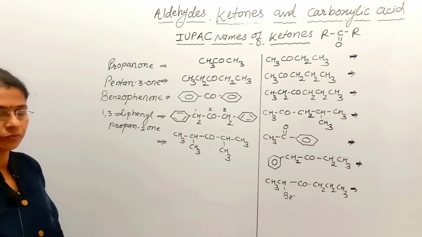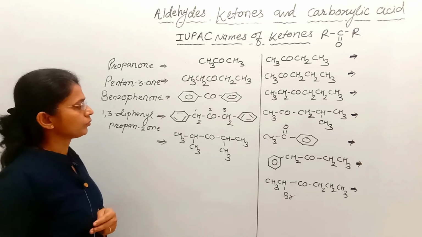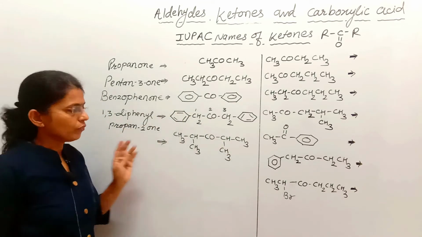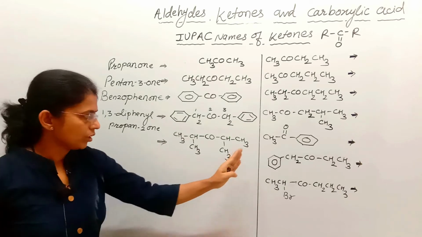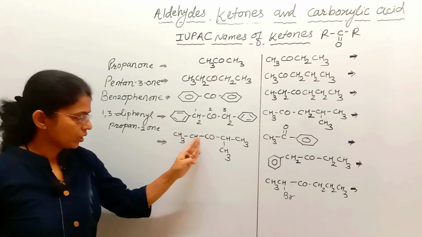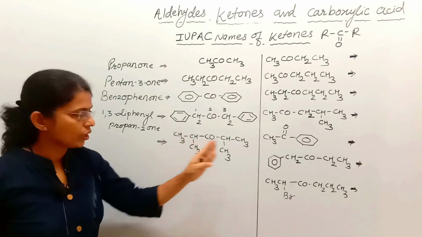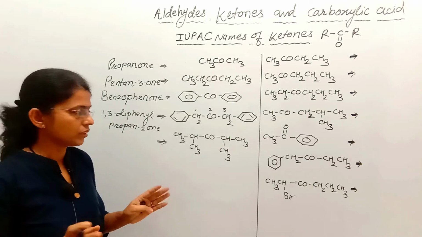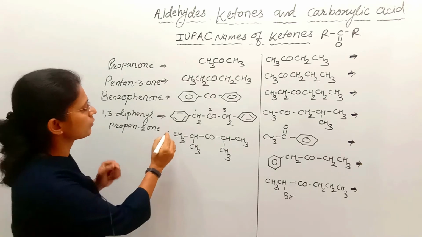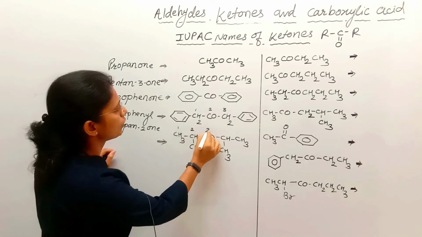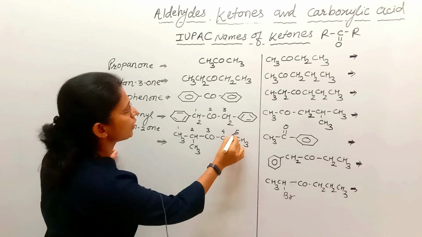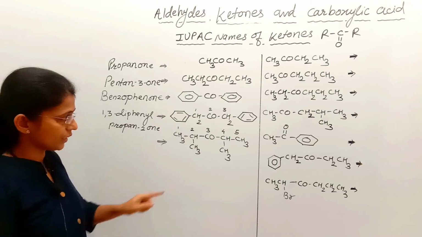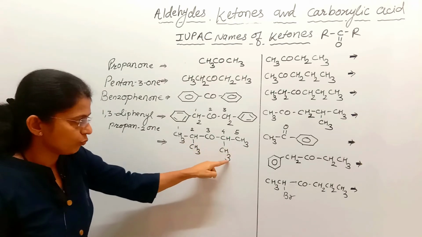See this example. 1, 2, 3, 4, 5 carbon. From this side also CO at third position, from this side also CO at third position. From this side branch at second position, from this side branch at second position. So I may number from any side. Number the carbon atoms. See what we get: 1, 2, 3, 4 and 5. Means the parent alkane is pentane. Now substituents are there at 2 and 4 positions.